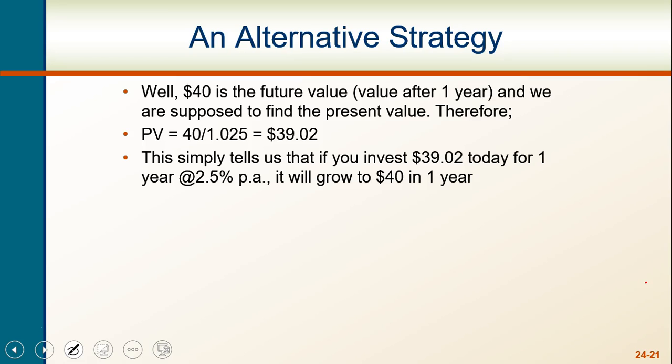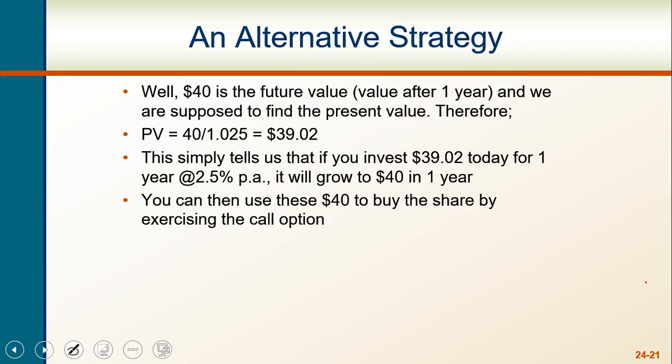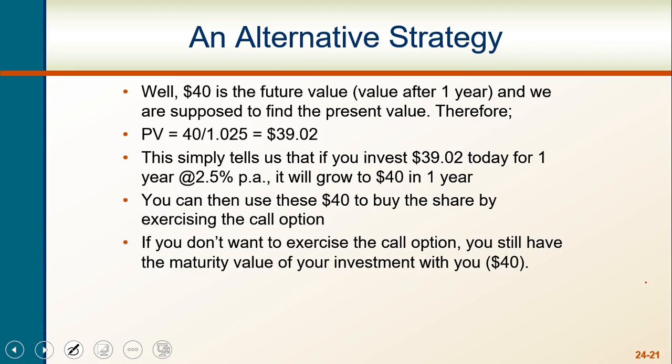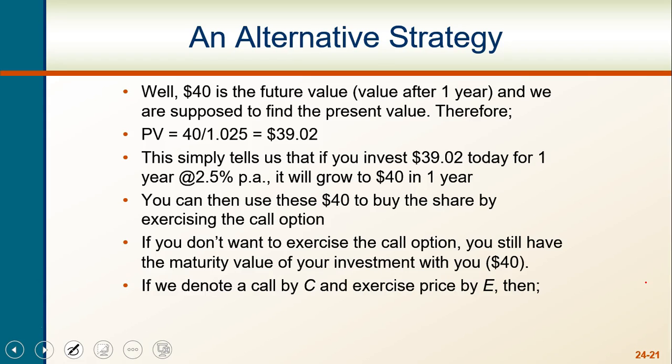So this is simply telling us that if we invest $39.02 today for a year at 2.5%, it will grow to $40 in 1 year's time. And then we can use this $40 to buy the share by exercising the call option. And of course, if you don't want to exercise the call option, you will still have the maturity value of your investment with you to keep.